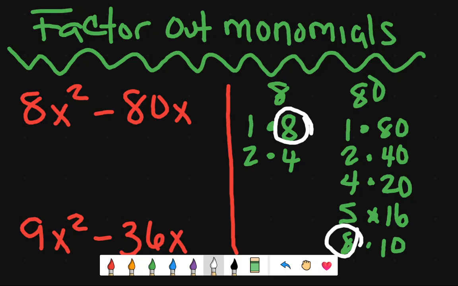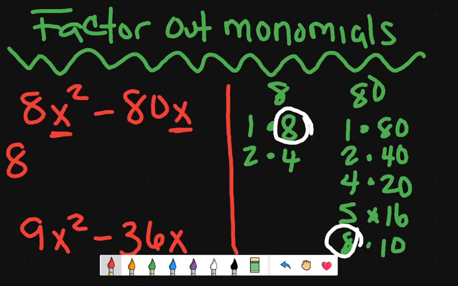When I go back to the original monomial, I'm going to say, okay, 8 is our greatest common factor for 8 and 80. Now look at your variables and their exponents. We have x squared and we have x to the first.